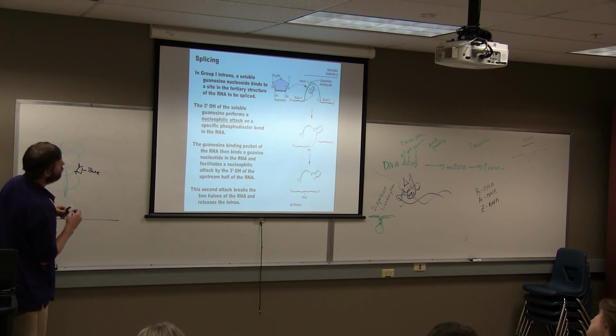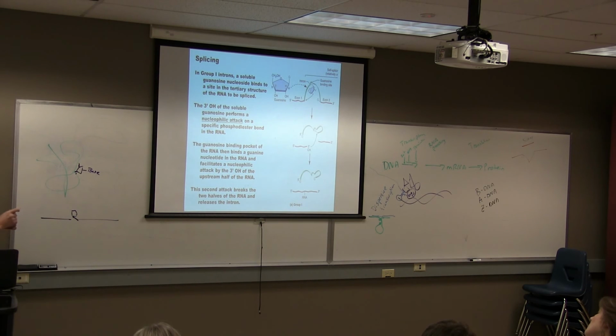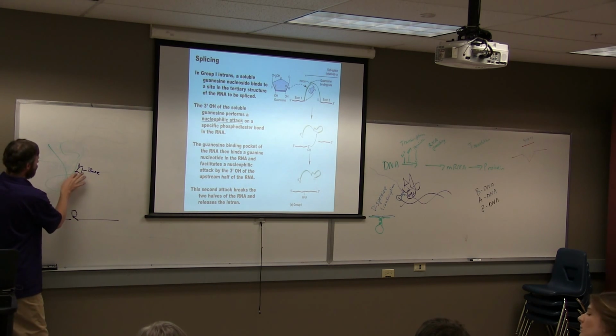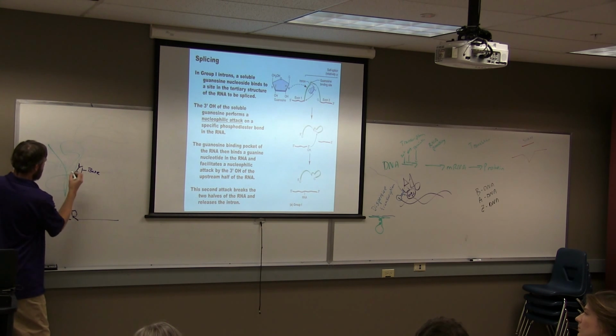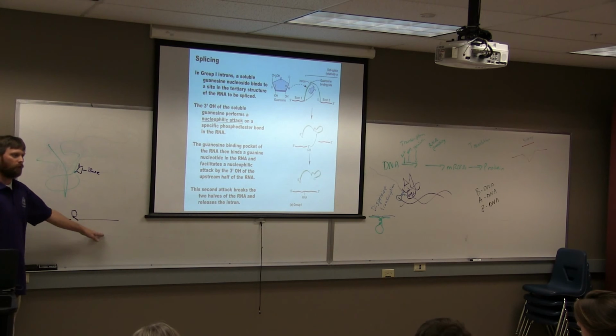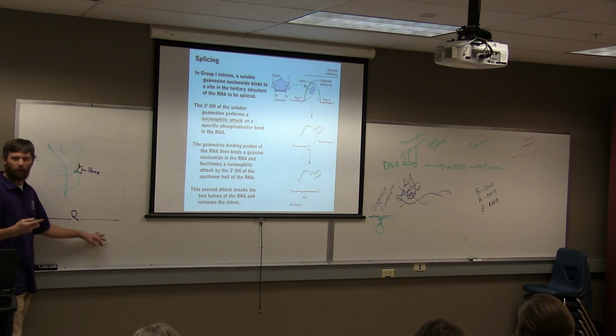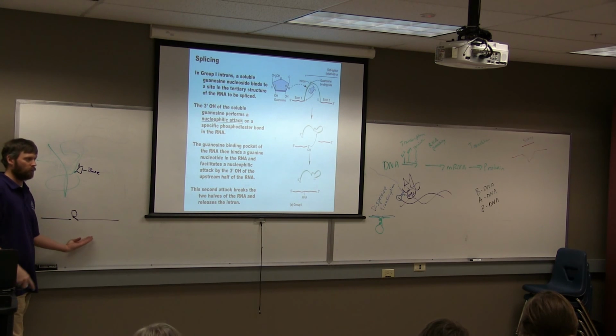Is that right? No, I did that wrong. It's covalently connected like that. So now we have 2 pieces of RNA. Geneticists and biochemists have found tricks to freeze the reaction at this point.